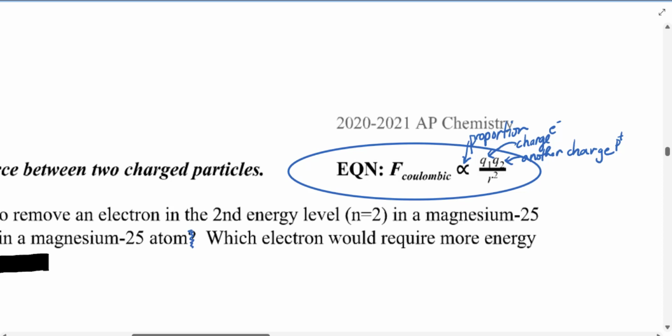For this unit, that's what it's going to be. For another unit, we're going to be talking about ions and their charges and their ion size. This right here looks like radius. It is the distance between the charges. Okay, so the distance that separates those charges.